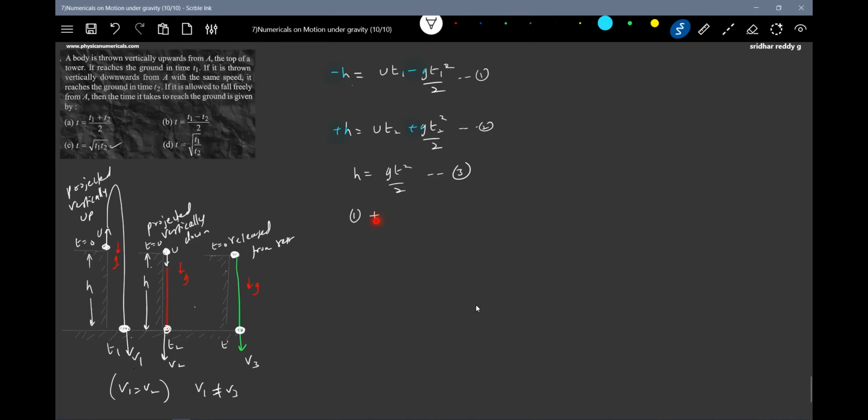1 plus 2. So this will become 0, u times (t1 plus t2).